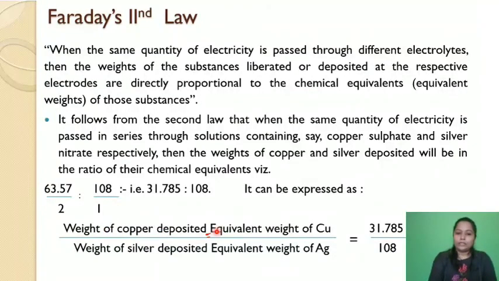That depends upon the chemical equivalent, that is, the equivalent weight of copper upon the equivalent weight of silver. The equivalent weight of copper is 31.785, and of silver is 108. Therefore that ratio expresses the amount of copper and silver deposited at their respective electrodes. It is the statement of Faraday's second law.